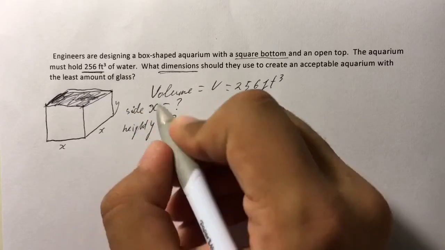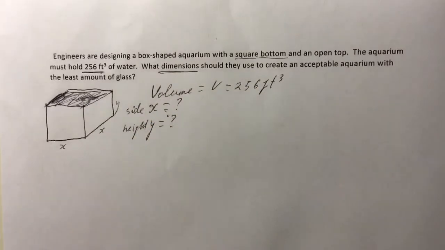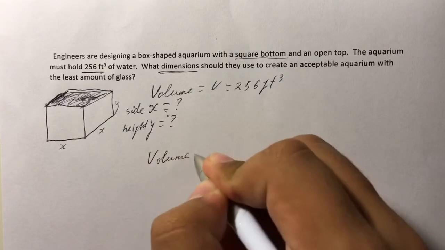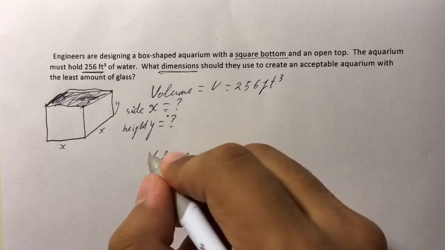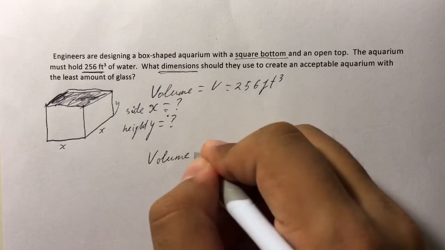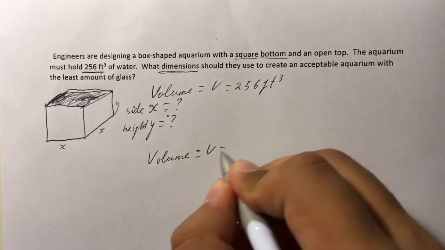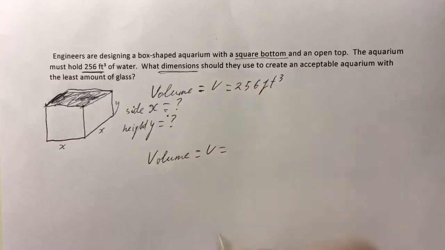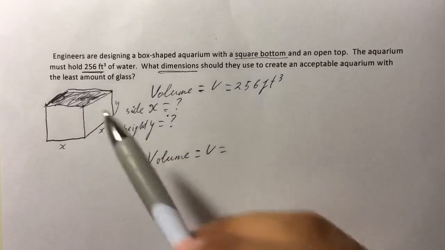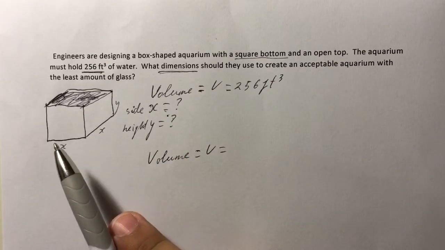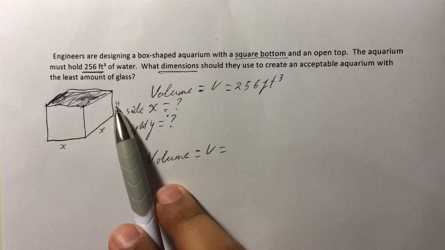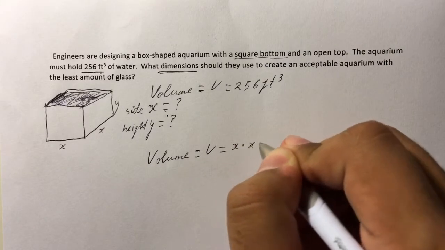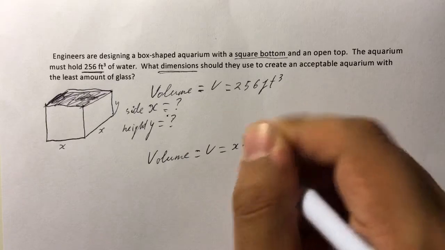So whenever you're writing down your volume equation, you can actually jump straight to that. Volume equals V. You don't have to write it down again. I just did that automatically. So we know that volume is equal to side times side times height.